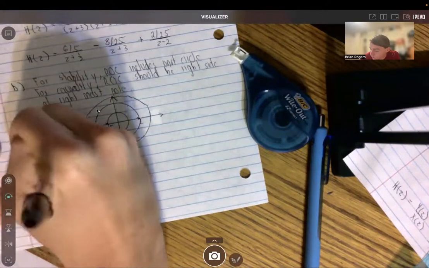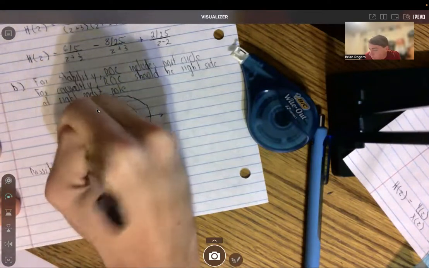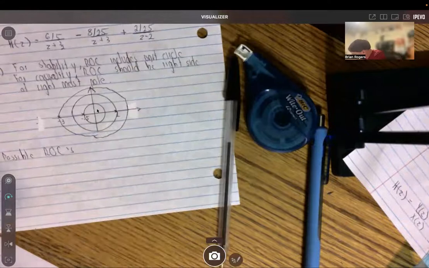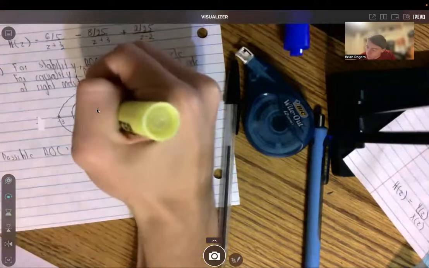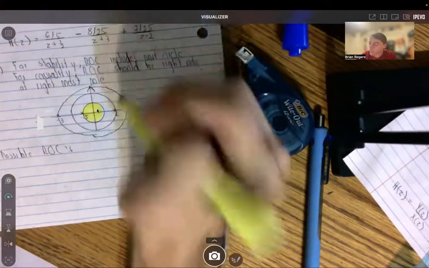Okay. Now that we had that on our plots, we're going to see the possible regions of convergence. Looking at our first region of convergence, let me highlight it so it's easier to tell. For the first one, the region of convergence falls within here.